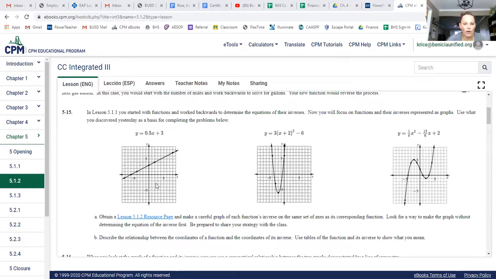So what I'm going to have us do is make a table for the points that are already plotted on here. So on this first one, let me zoom in a little bit for us.